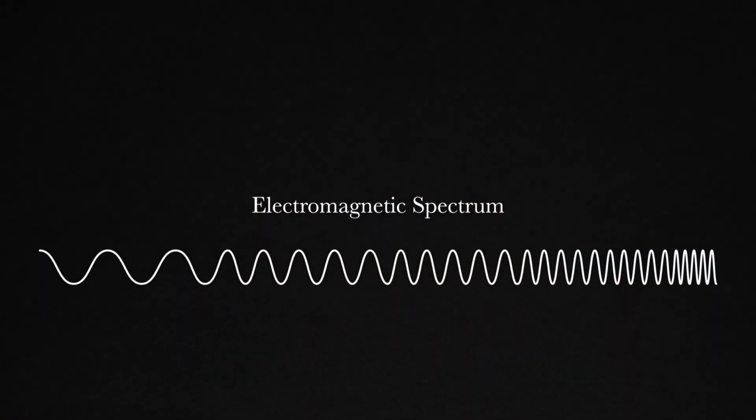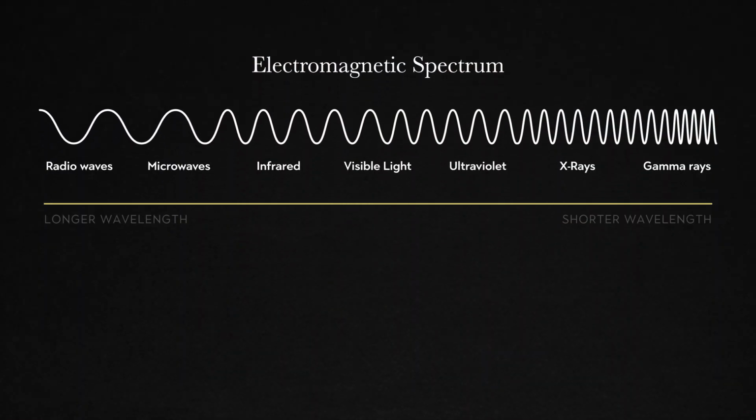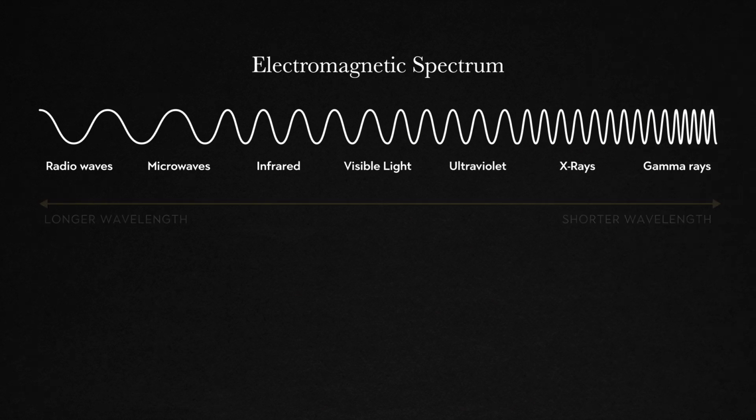While we can feel the effects of both IR and UV radiation, we can't see these types of radiation because they sit outside of the visible range of light on what we call the electromagnetic spectrum. This is the entire spectrum of wavelengths of photons running from long to short.